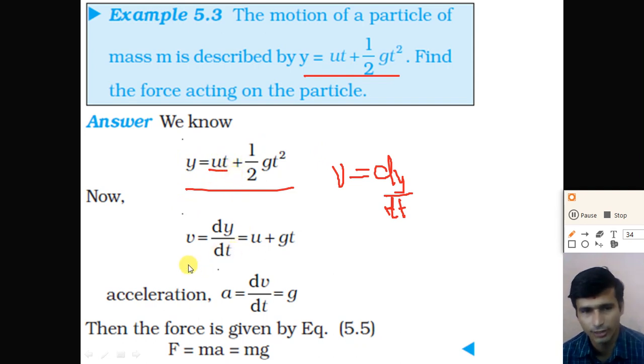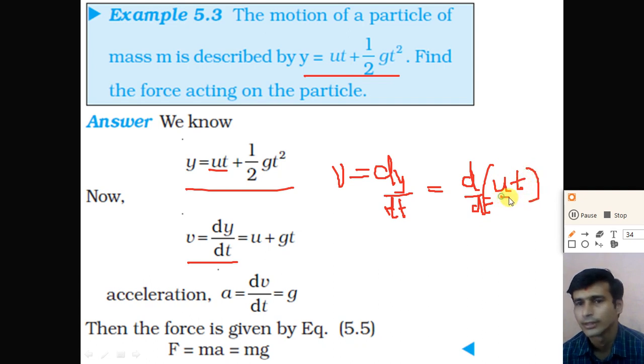So v = dy/dt, that is d/dt of ut plus d/dt of 1/2 gt². What do we get from d/dt of ut? Here u is a constant, the differentiation of t is 1, so we get u only.